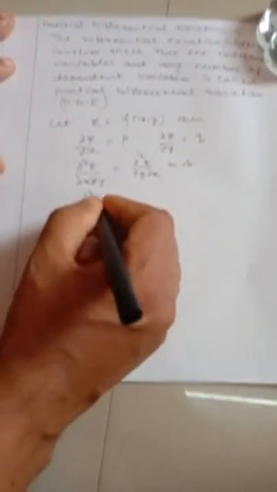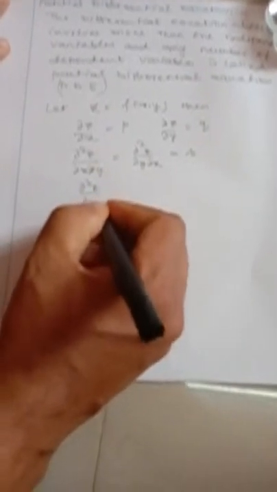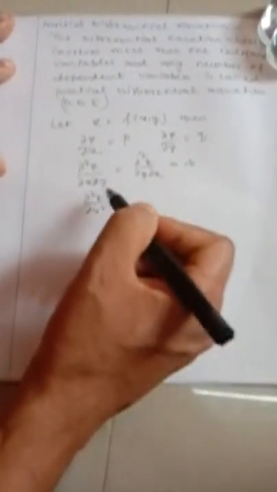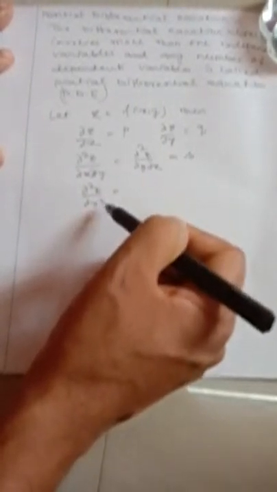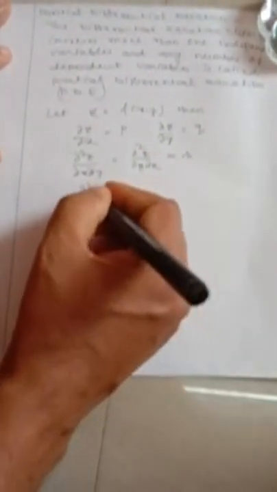Dou square z by dou x square, differentiating z with respect to x twice, is denoted as r. Dou square z by dou y square, the second order derivative of z with respect to y, is denoted as t.